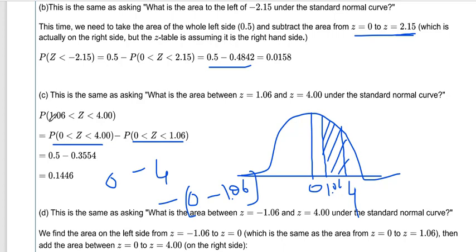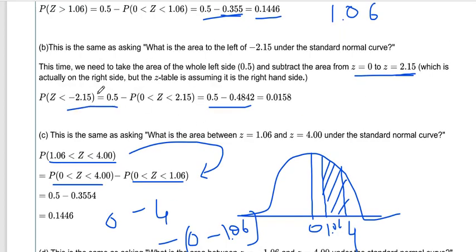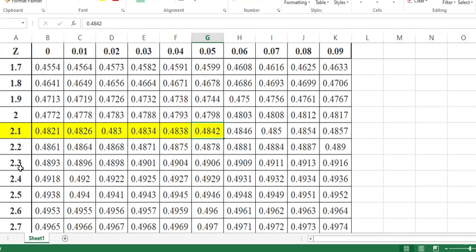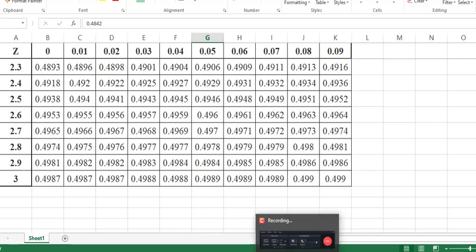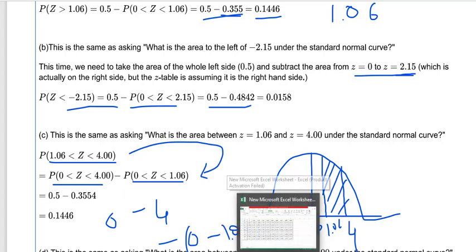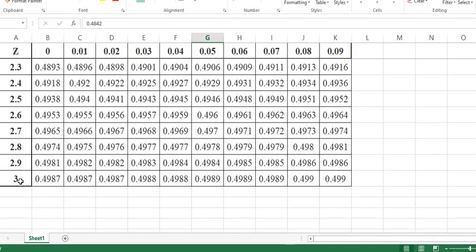In the z table all the values are given from 0 to something. So first of all we have to convert this into 0 to something. Here also we have to convert them to 0 to something. Now 0 to 4 is the same as 0.5. Why 0.5? Because at maximum 3.09 the value is 0.499, which is the same as 0.5.